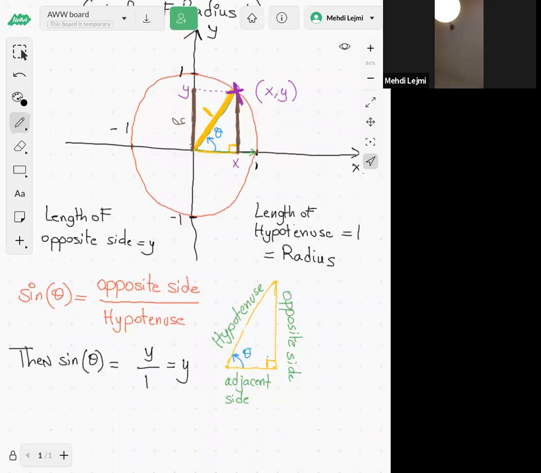So what we are saying here, guys, is that if you take a right triangle with hypotenuse equal to 1, then you can think of sine of theta as the y coordinate of the angle theta.